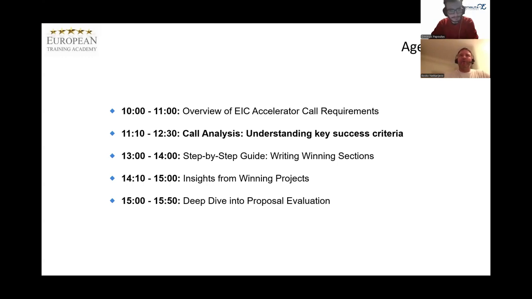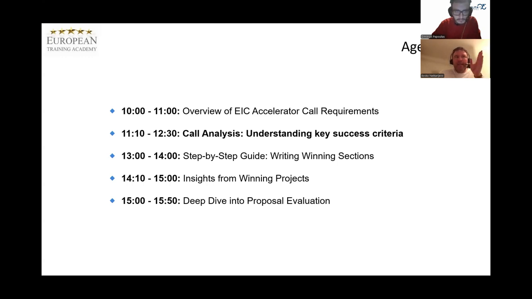Yes. Good. Okay. So we're going to move on to call analysis and understanding key success criteria. And that narrows down to understanding what the policy objectives are, that is, what the key words from the work program we've just looked at are, and then essentially how the program works.